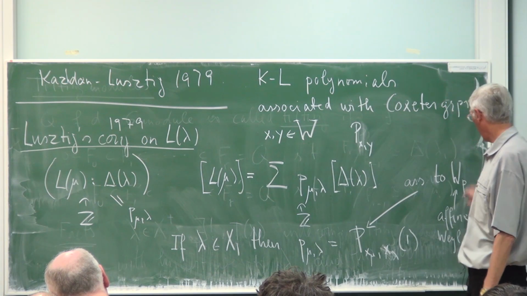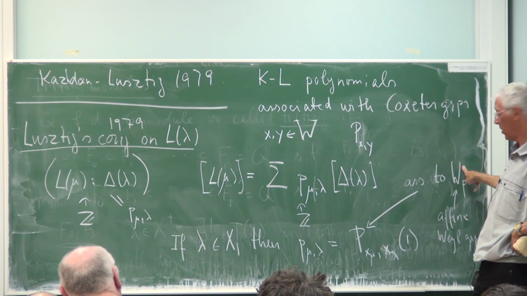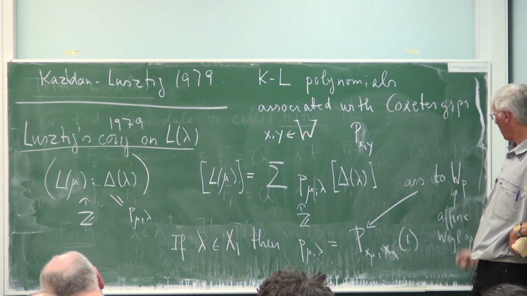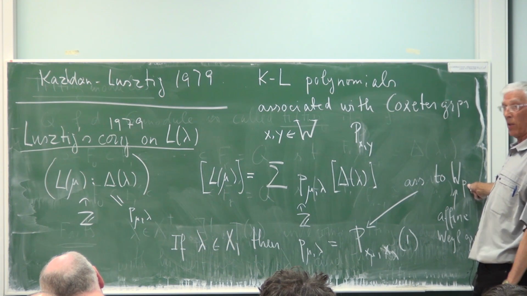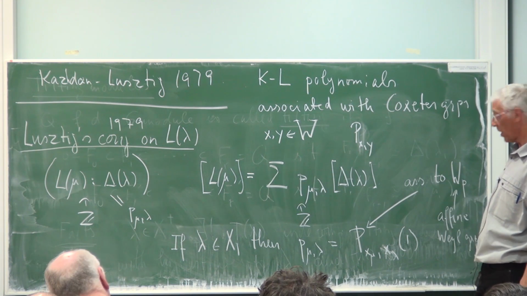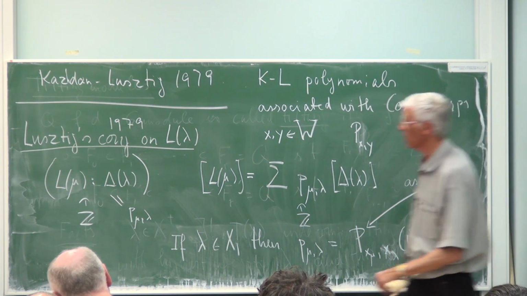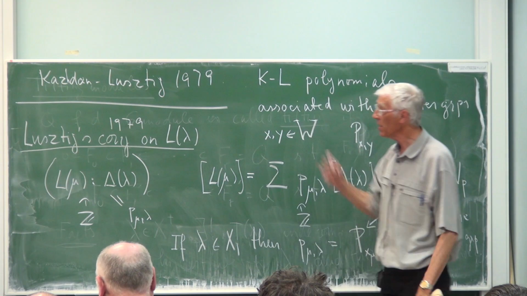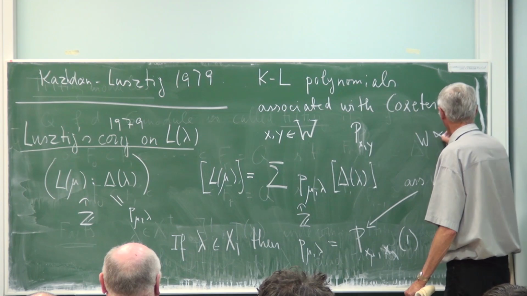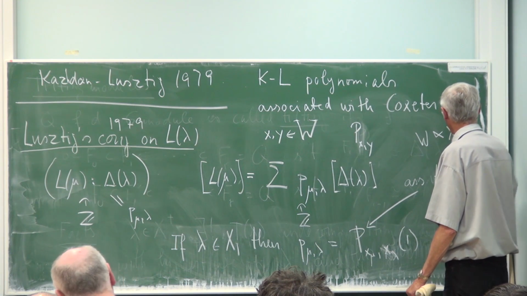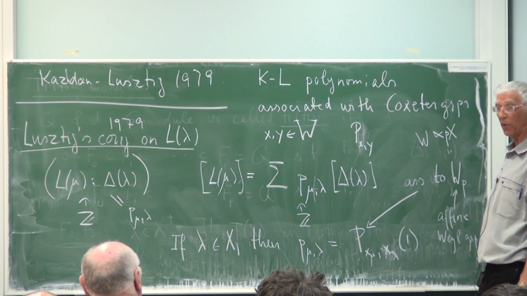So in the GLN case I was talking about, the Weyl group itself would be the symmetric group on n letters. Now you take the corresponding affine one, which I denote by W_p, which is a semi-direct product of S_n, the symmetric group, and then the lattice X, or p times X. That's why I put the p on here.